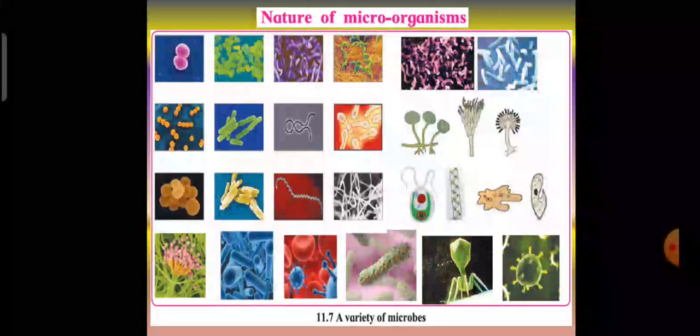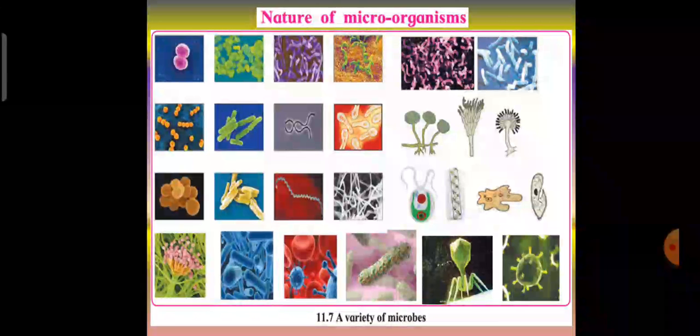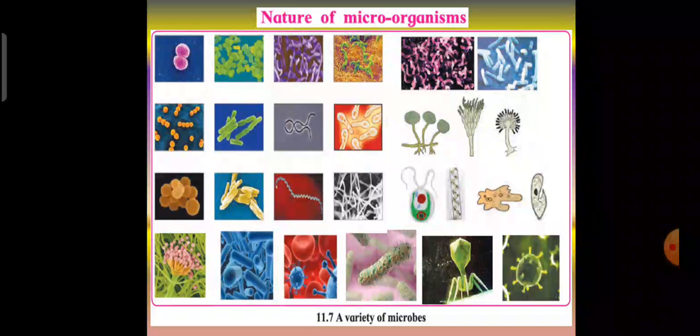Nature of microorganisms. You can see here all the different types of microorganisms. The shapes of cells show great variation, which is mainly related to their function: circular, rod shape, columnar, spiral, oval, rectangular.